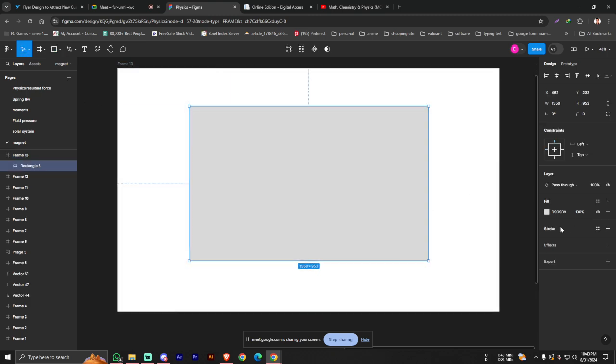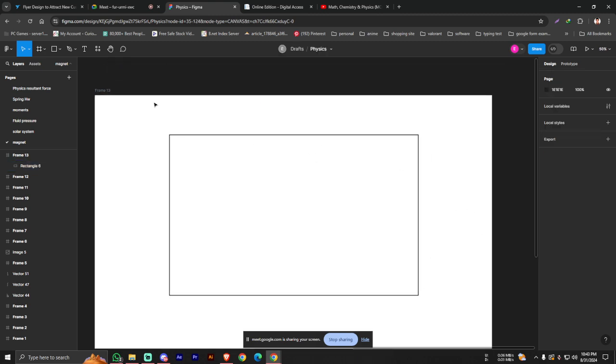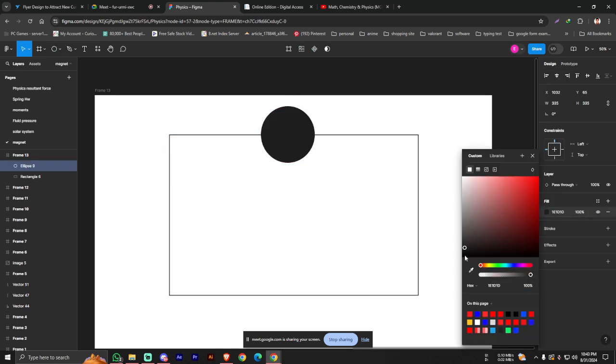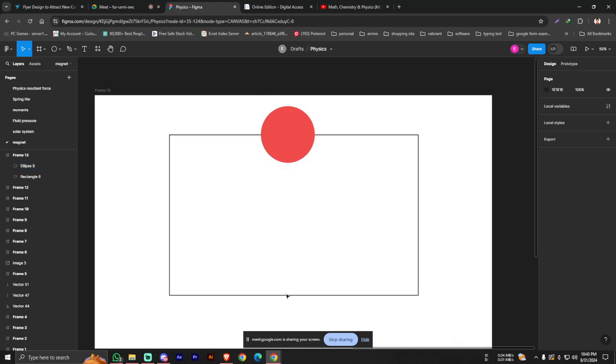Suppose this is a circuit and there is a bulb in the circuit, a red color bulb, and the circuit has a battery, of course.